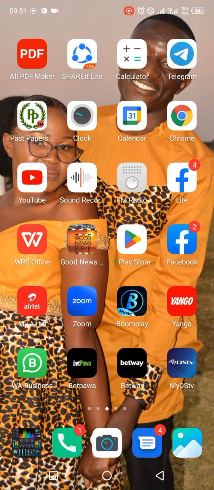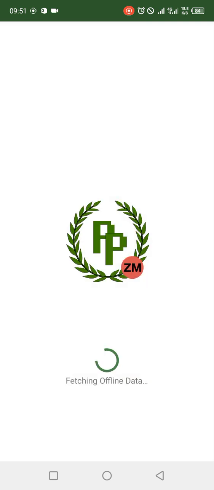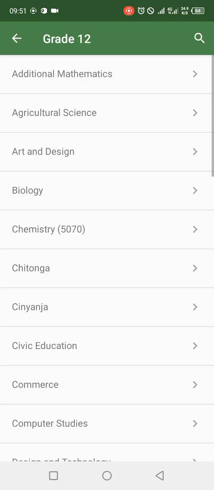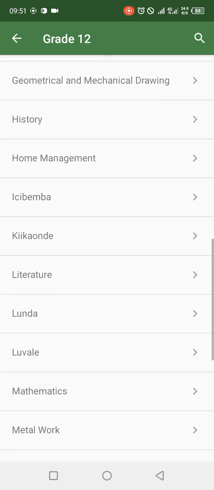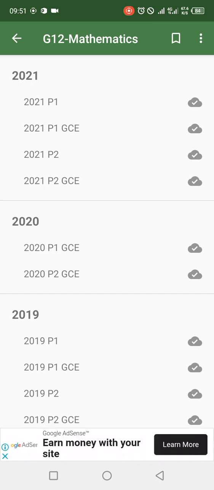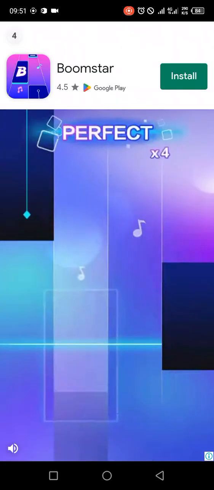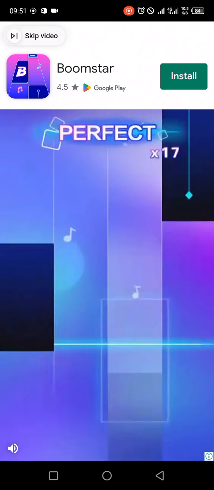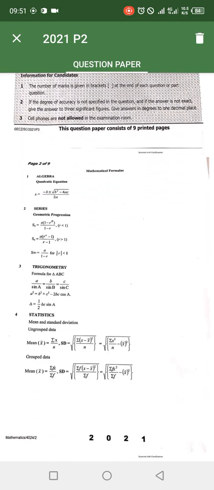Allow me to check for something. I want to see the format of how they bring the exam questions, the language they use in the Zambian Paper 2 syllabus, the language of vectors.